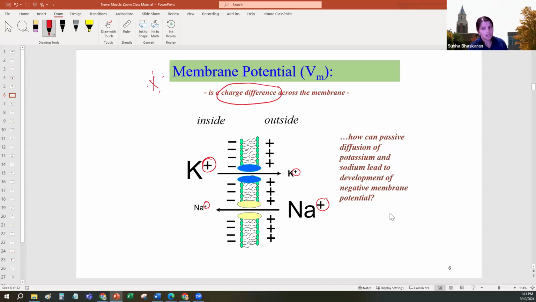Now, how can passive diffusion of potassium and sodium lead to the development of negative membrane potential? Even though K plus is moving from inside to outside and sodium is coming in, sodium also has a positive charge, yes or no? Potassium leaving, the cell is losing positive charge, but it is regaining positive charge.